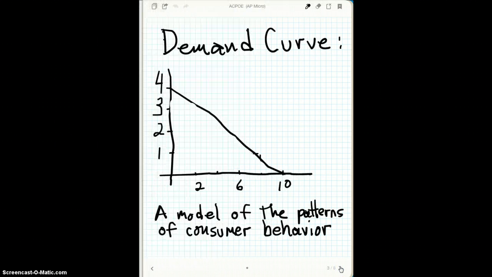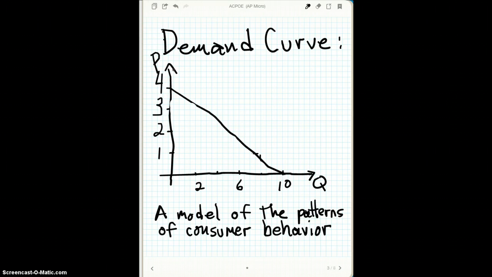The visual depiction of a demand schedule is called a demand curve. It's reflecting that inverse relationship that we just talked about. And it's downward sloping, and by convention, we put the price of the product on the vertical axis and the quantity demanded on the horizontal axis.